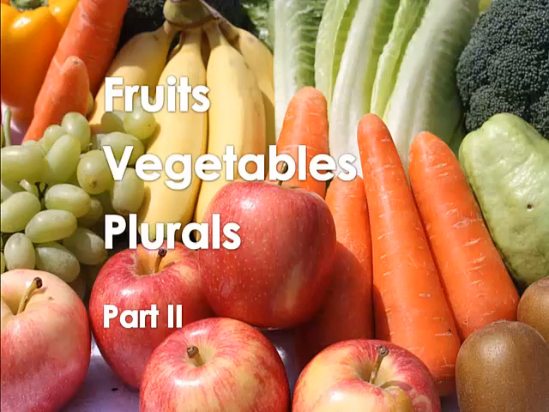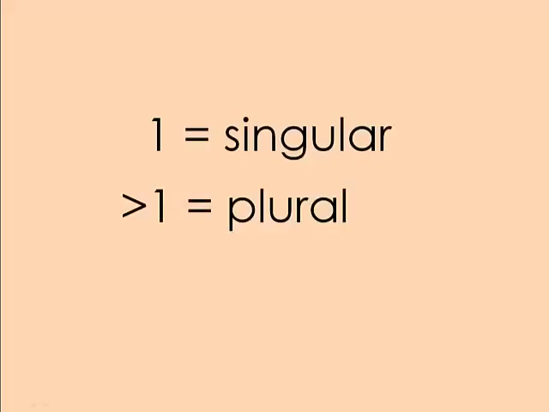Fruits, vegetables, plurals. Part 2. In Part 1, we talked about singular and plural. Singular means one thing.